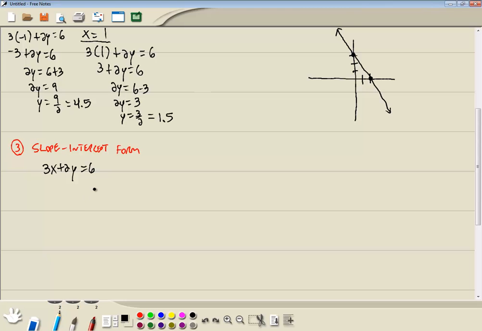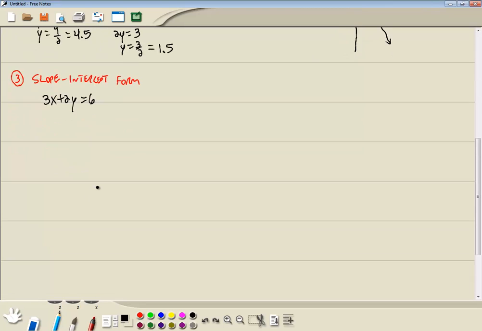Now, slope-intercept form says you want to get y by itself, so you want to solve for y. So I'm going to take this 3x and move it over. So we've got 2y is equal to negative 3x plus 6. And then we're going to divide everything by 2 in order to get y by itself. So then that gives us y is equal to negative 3/2 x plus 3.